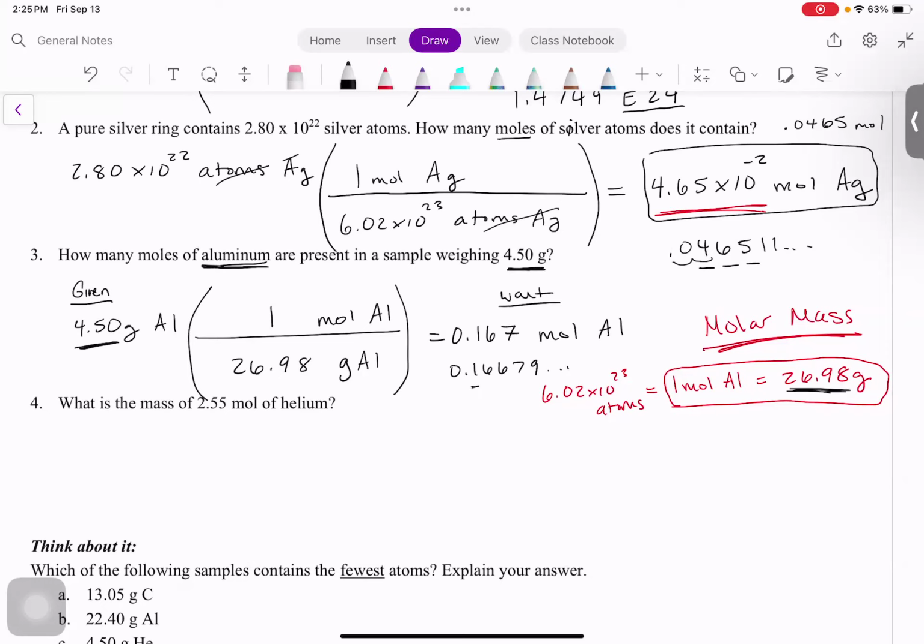So rounding up this last digit based on the fact that there was a higher than 5 number after it. So 0.167 moles of aluminum is my answer here. So if you're converting between mass and moles, you need the molar mass. And the molar mass depends on the substance you're dealing with, and it is in the periodic table. That's where we get that information.